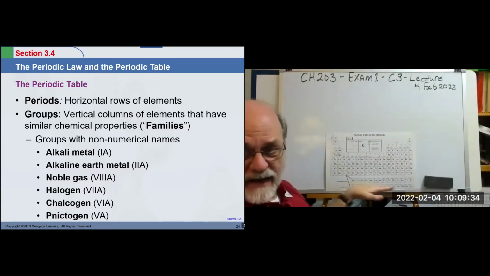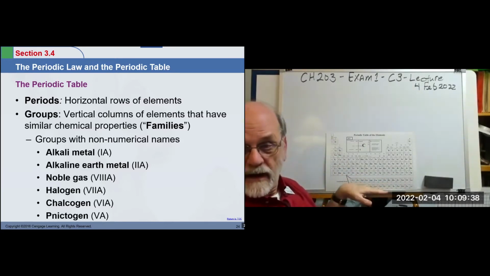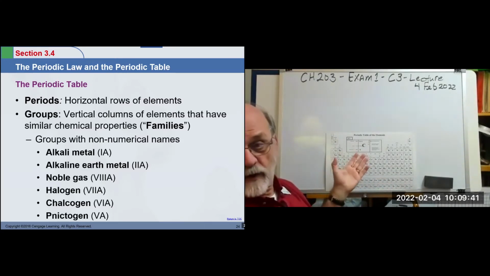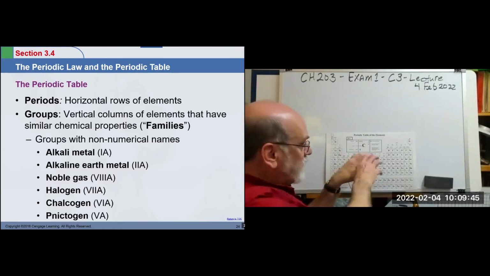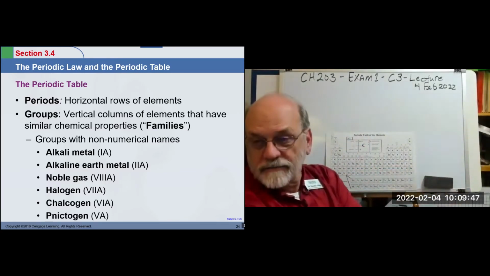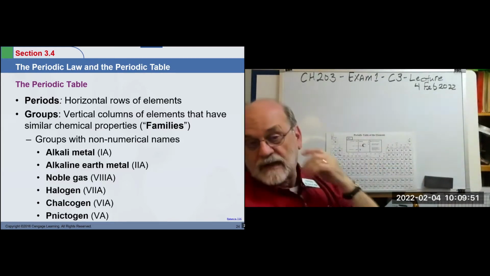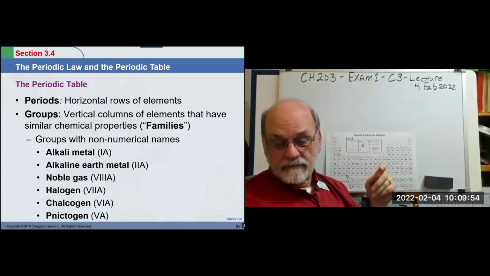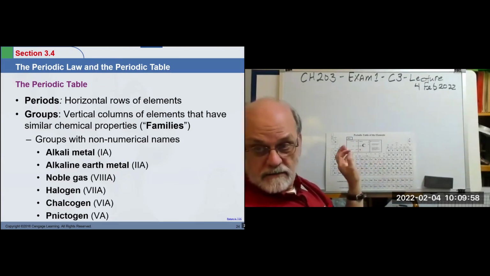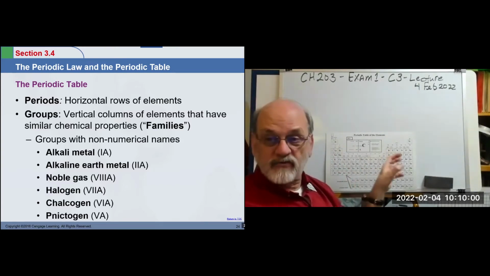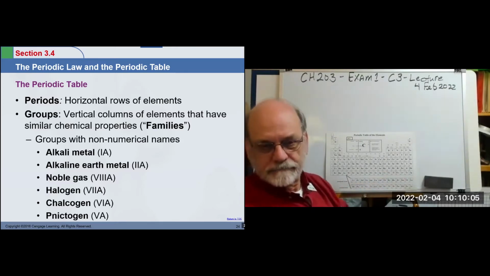And the reason they're put down here in separate rows is partially for convenience, because if you had to stick them in here where they belong, then it would expand your chart to unmanageable size. So we move them outside. And actually, I hope to show you that there's good reason from an atomic structure standpoint for putting them out here as separate members.